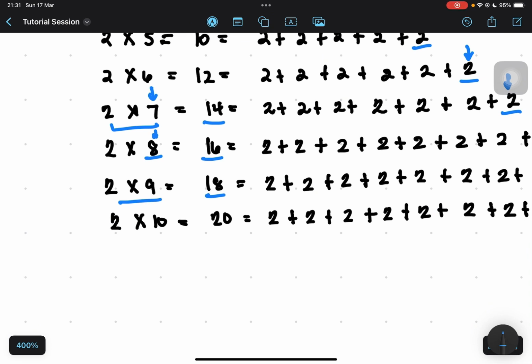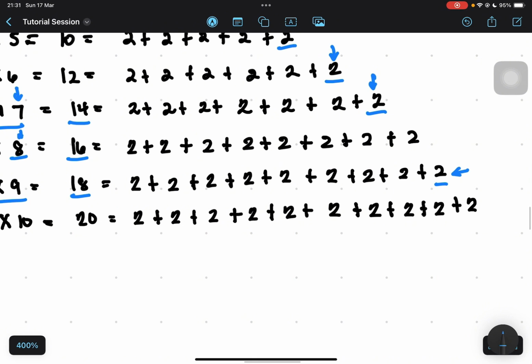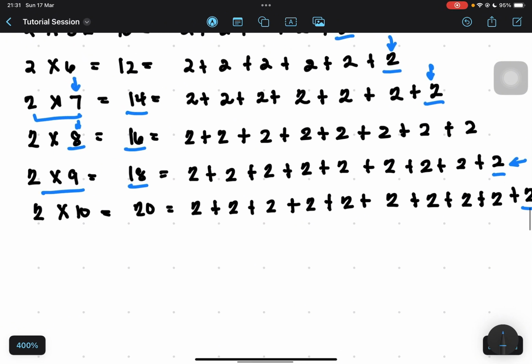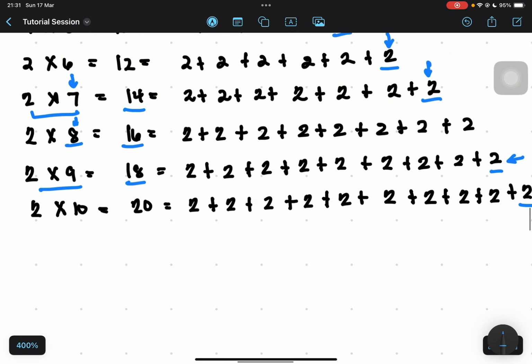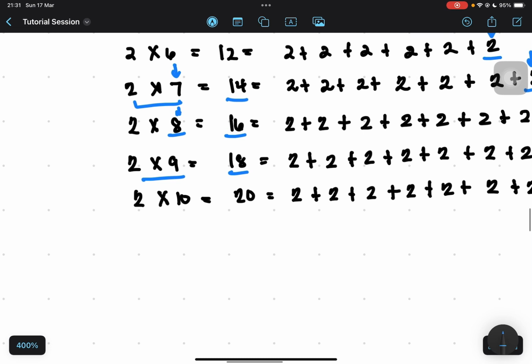Then we add another 2 and it makes the answer 20. Or we add 2 by itself 10 times. The interpretation should be 2 multiplied by 10.